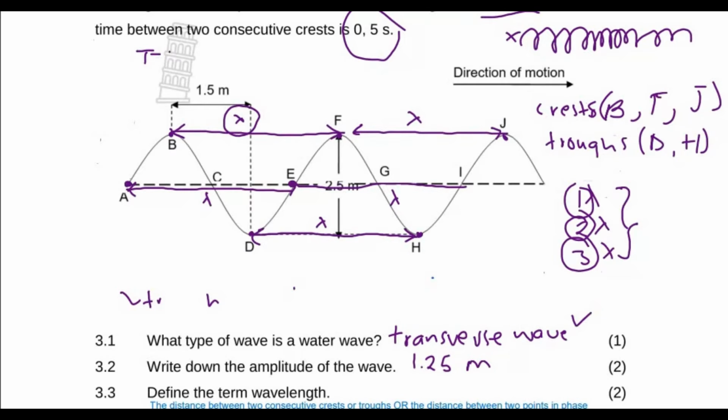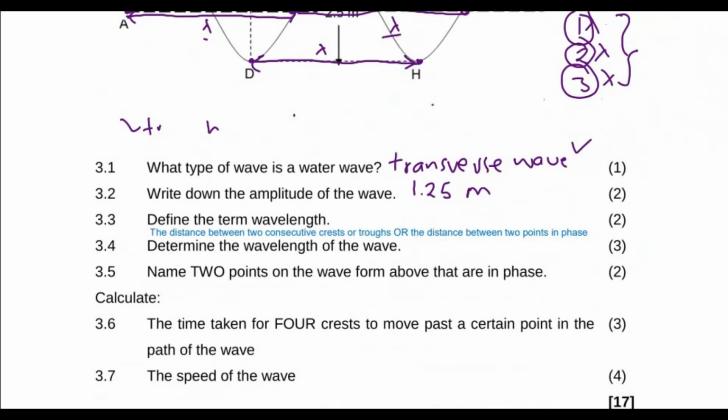That tells us that those points are said to be in phase because they are separated by one wavelength. Point A and I are also in phase because they are separated by 2 wavelengths. I hope that makes sense and that I've convinced you of my explanation. So you will get your 2 marks for mentioning that it is either the distance between 2 consecutive crests or troughs or the distance between 2 points on a wave that are in phase.